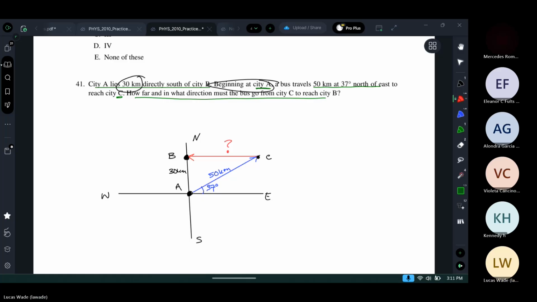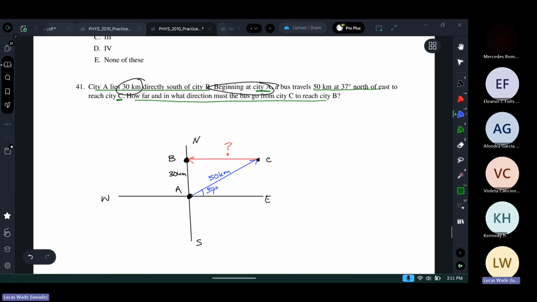Okay, so the question is, how do I do that? Well, I could look at this as I actually want to get from A to B. So I want to go up there by the end of all of this.